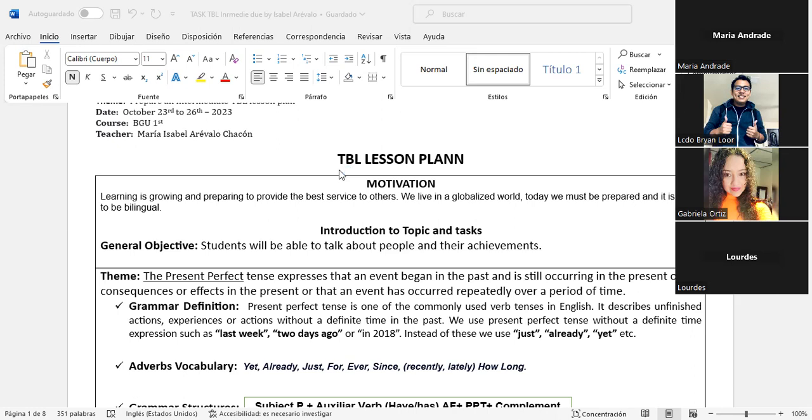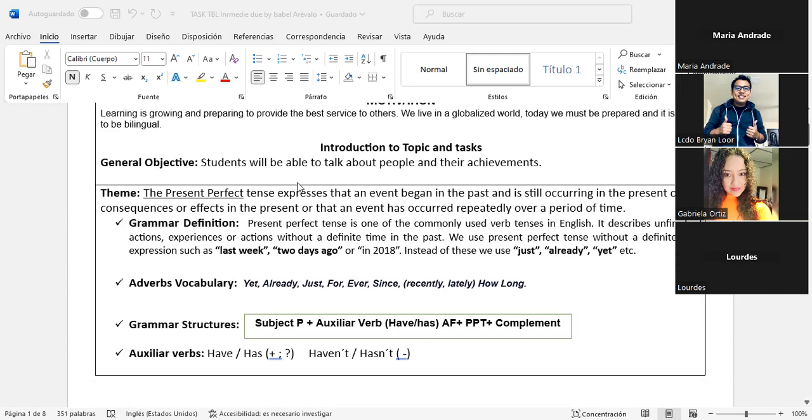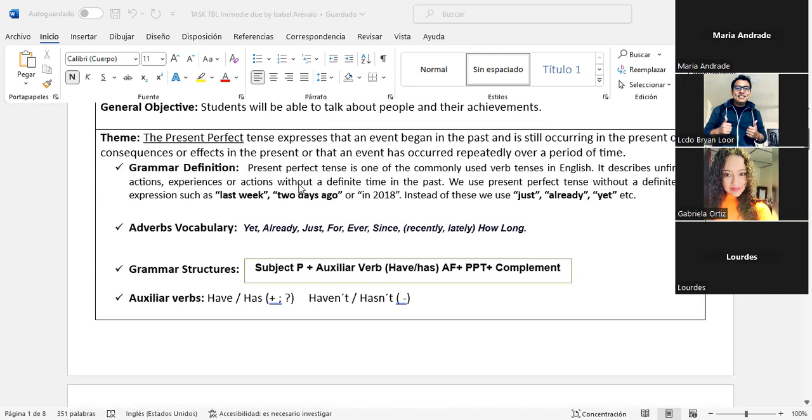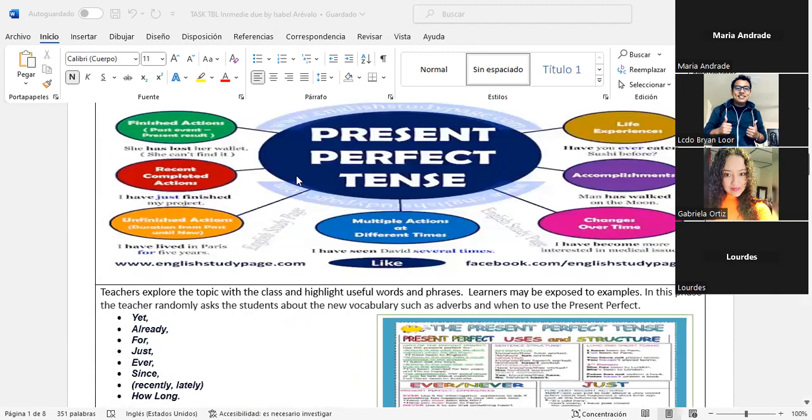In the theme, I talk about what the present perfect is, what new words we can use in the readings. Also, it is important to remind them what expressions of time they can use. In this case, I talk about the difference between the simple past tense and the present perfect.